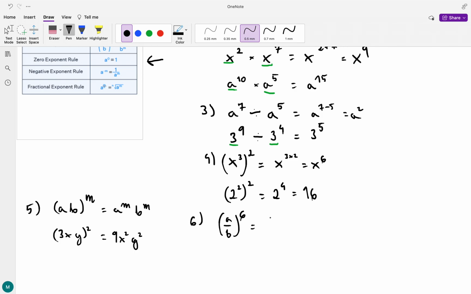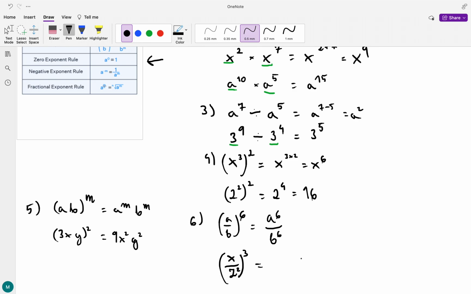You can simply distribute the power to both the top and the bottom of the fraction. So it's a to the 6 divided by b to the 6. And using numbers or different variables first, let's do x divided by z squared to the third.